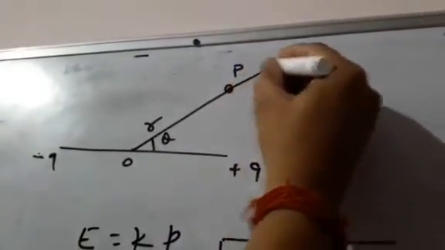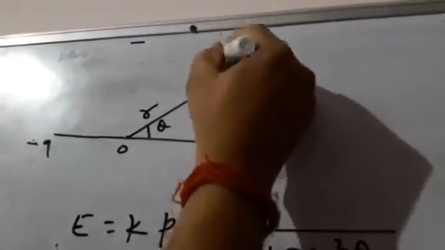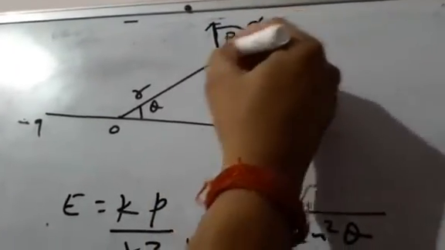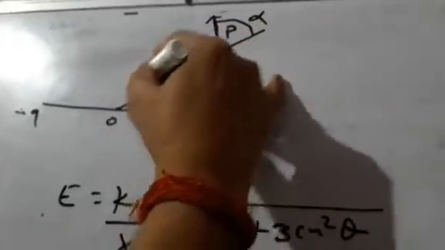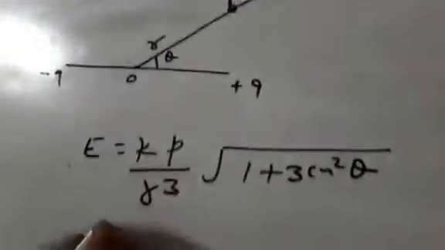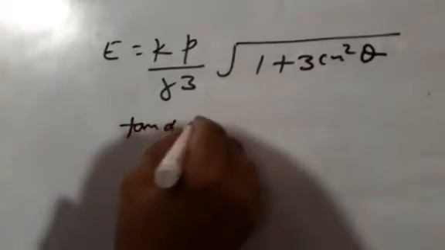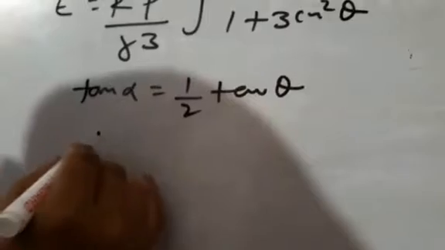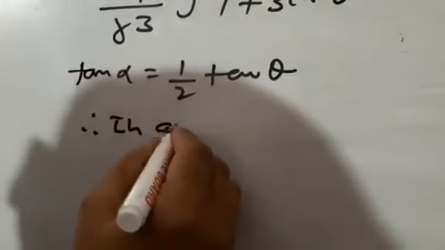And for direction, suppose intensity makes an angle alpha with the line joining the point P from midpoint, tan alpha equal to half tan theta.